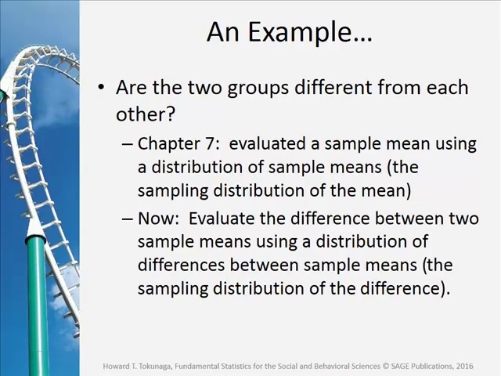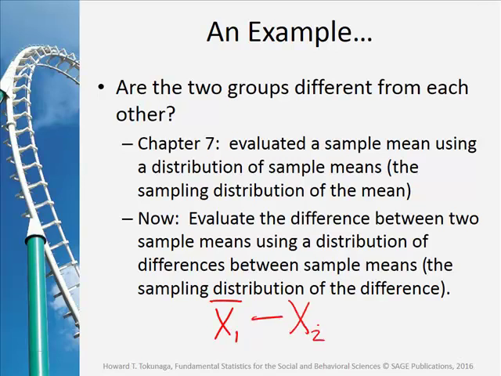Well, we're going to do something slightly different. We're going to look at the difference between two sample means and evaluate that difference. So here we have x1, which are our intruders. We have a sample mean.